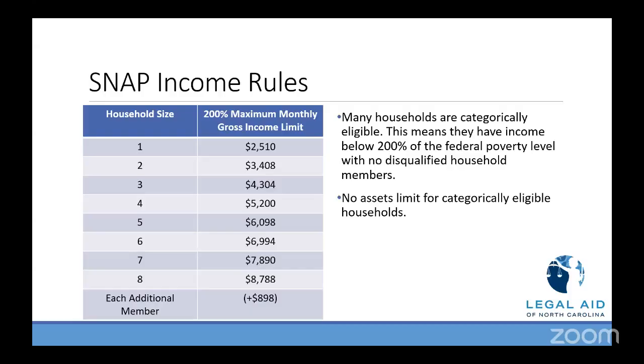This is important because for categorically eligible households, there is no asset test. So DSS doesn't ask for information about how much money is in bank accounts or how many cars are owned by people in the household. They're just going to be looking at what the monthly income is for the family from pretty much any source.